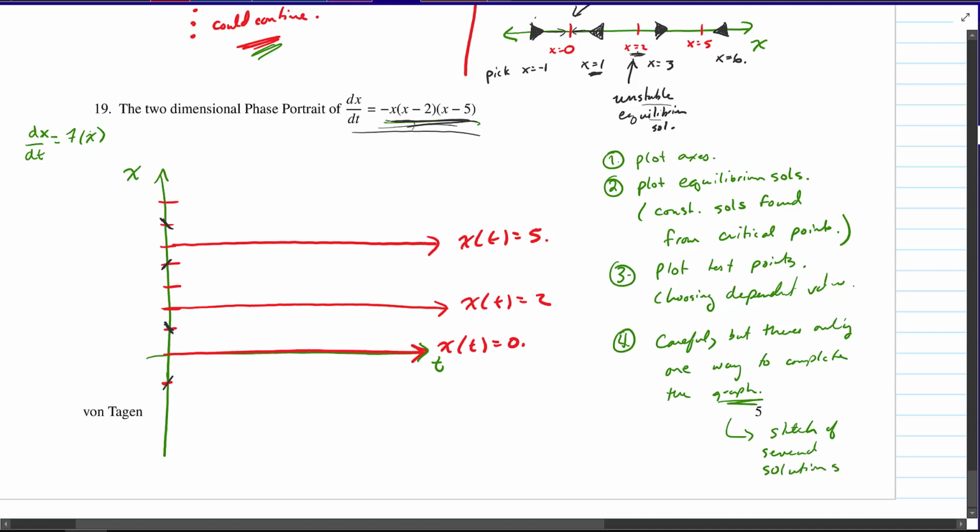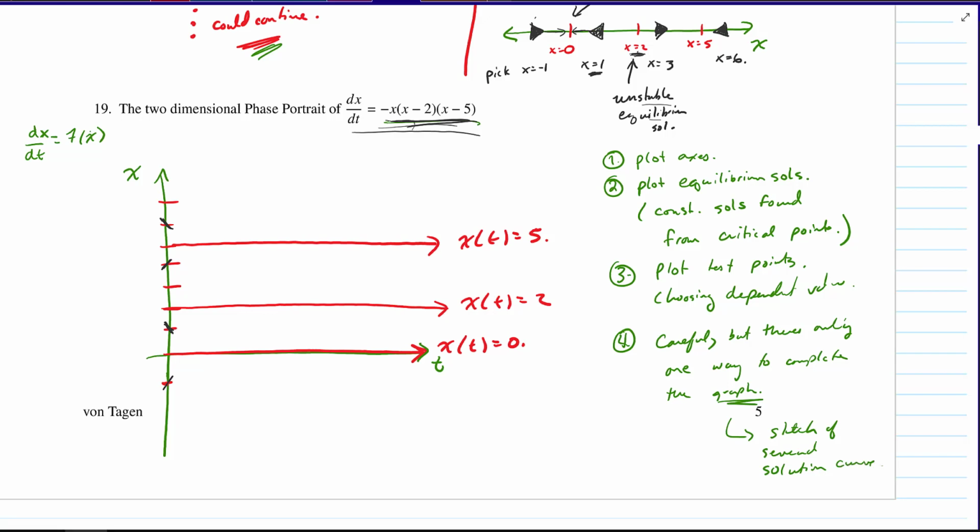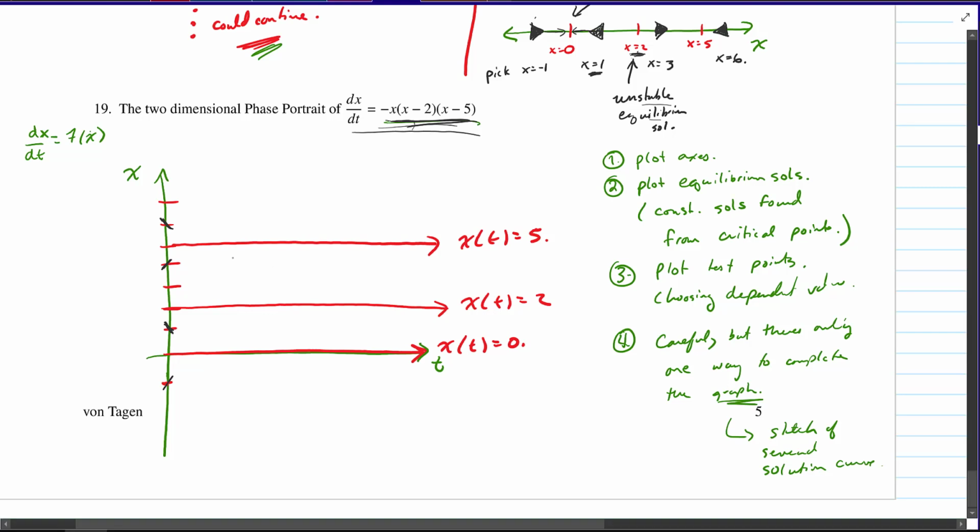So we're sketching several solution curves here. Let's take, for example, maybe a solution curve that would be passing through here. If we have a solution curve in this region, it has to be behaving similar to this. Now, let's take this solution curve. I'm just going to go ahead and sketch it, and then we'll talk about it. That's the easiest way to do it.